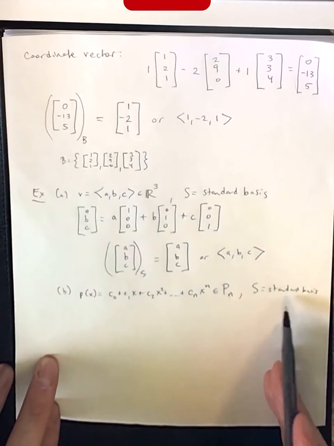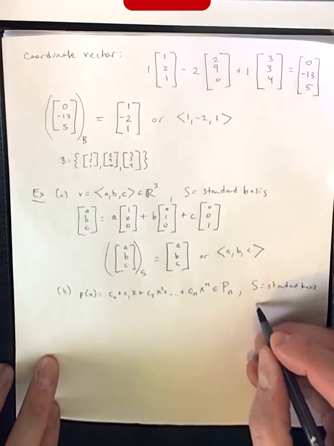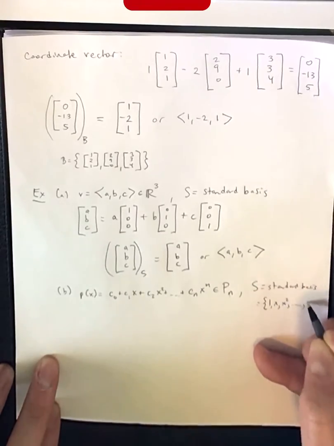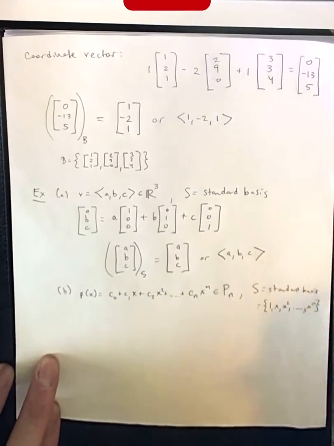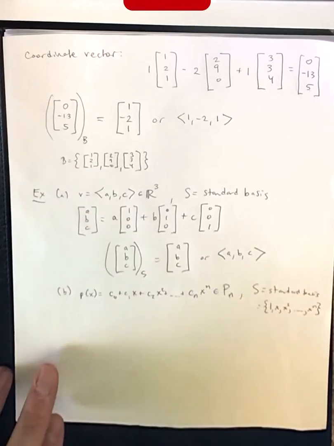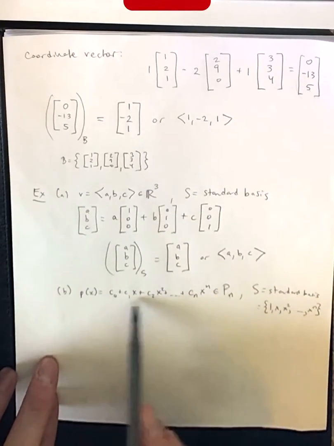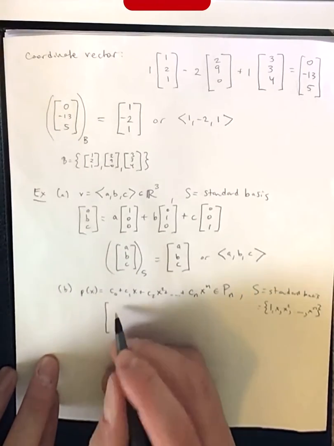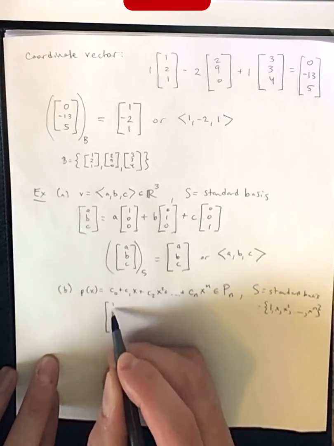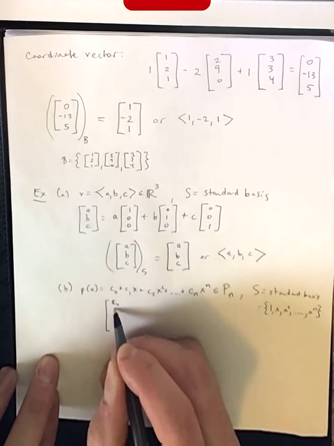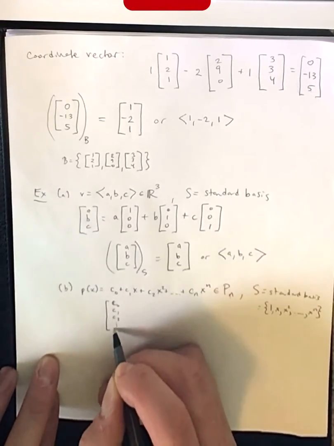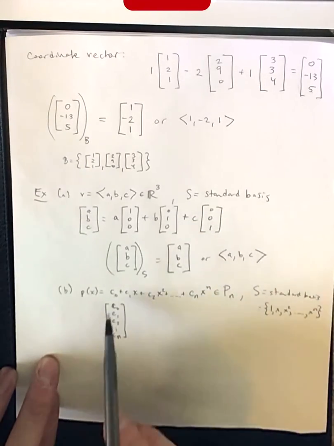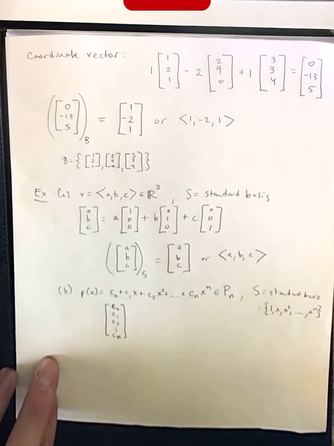Well, remember that the standard basis for Pn is the basis 1, x, x squared, all the way up to x to the n. So you can kind of see that this particular polynomial corresponds to the vector C0, C1, C2 down to Cn. Right? That's what this written as a vector is.